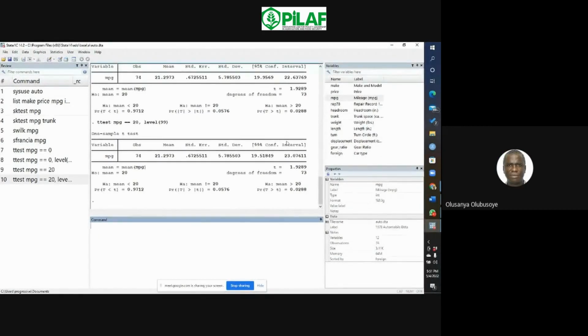Even at that, if the null hypothesis is saying the population mean is equal to 20, then for this, we are going to accept that null hypothesis. For this, we are going to accept that null hypothesis. For this, we are going to reject that null hypothesis. So all you just need to do is to compare your alpha value with the probability value.